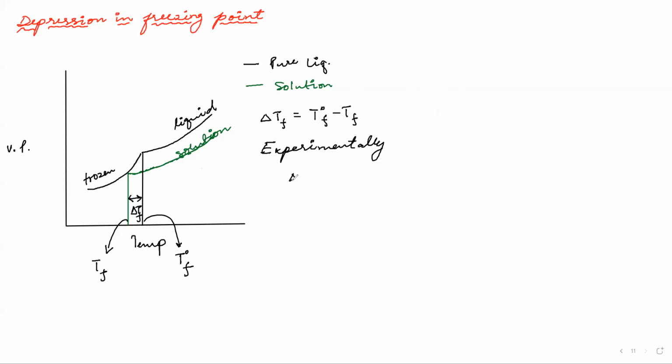We found that delta TF is directly proportional to the molality. Hence delta TF is equal to Kf into small m. When m is equal to 1, delta TF is equal to Kf.